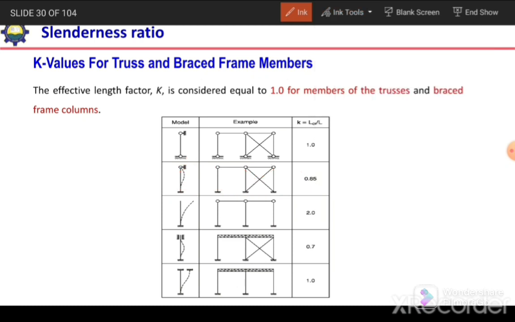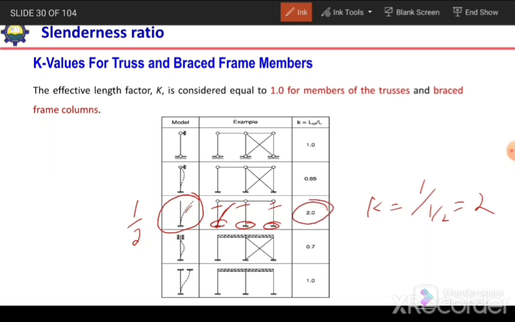But if we have fixed support at the bottom, our frame is high and the top connections are pinned, but there is no bracing. In that case we can idealize it in this way. There will be sway in the outward direction. So here we have 1 by 2 of half sine waves. So K will be equal to 1 over 1 by 2 equal to 2.